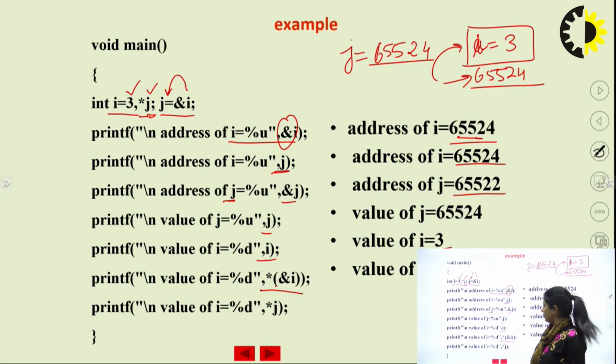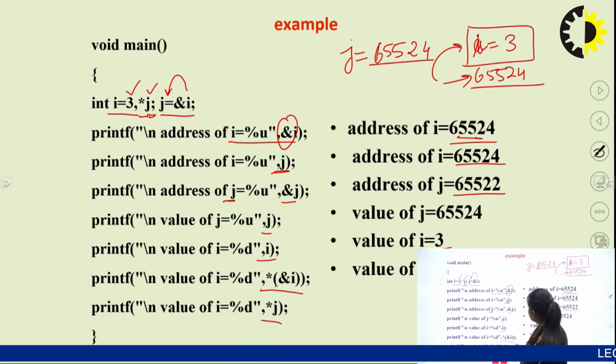Now, if we simply try to print *j, how will it work? What is j?